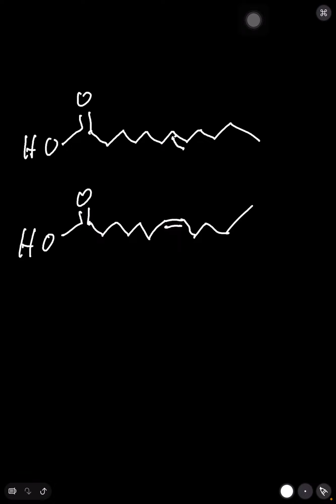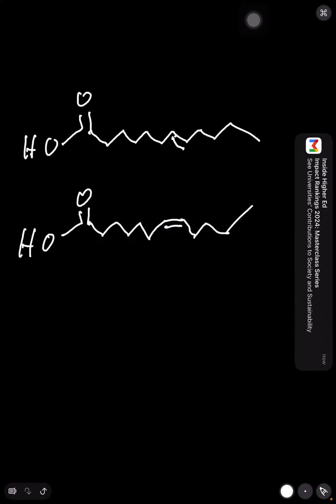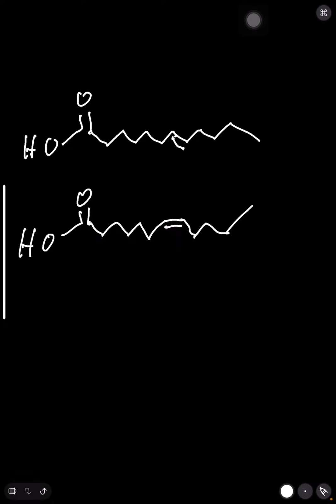So, how are these different? They both have the same number of carbons, right? They both have 12. They both have the double bond being introduced at the same point, right? 1, 2, 3, 4, 5, 6, 7. Carbon number 7 is the first one that has it on the top, and 1, 2, 3, 4, 5, 6, 7. Carbon number 7 is the one that has it in the bottom.